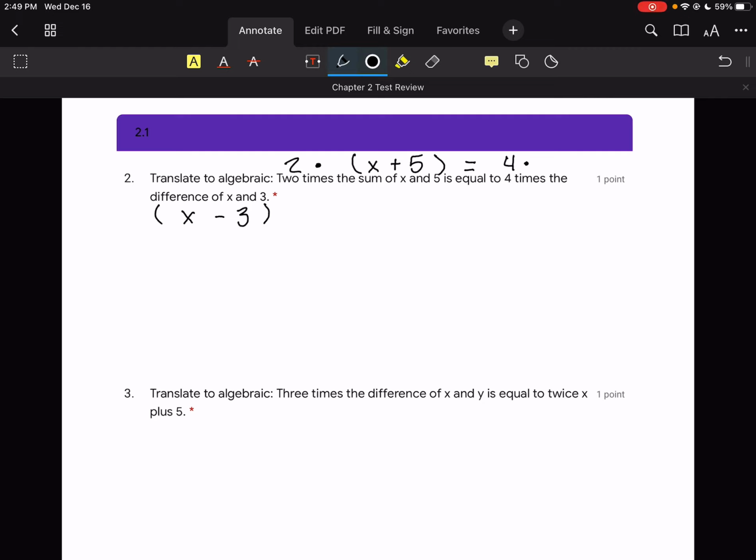So if I write that as one full sentence now, I'm going to have 2x plus 5 is equal to 4x minus 3.